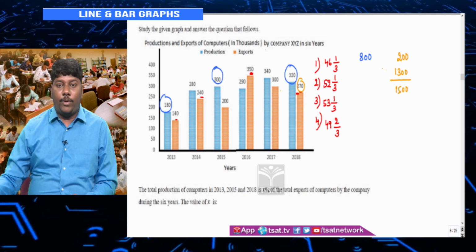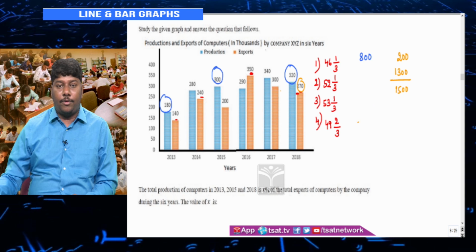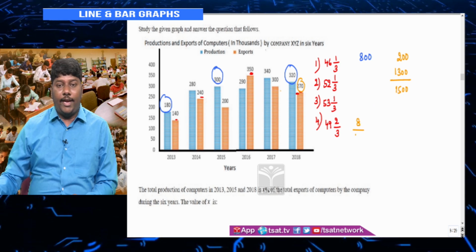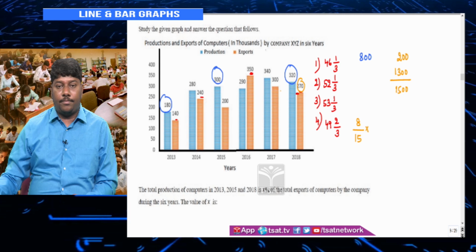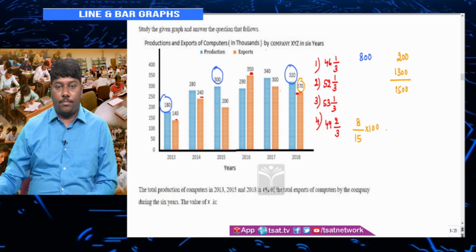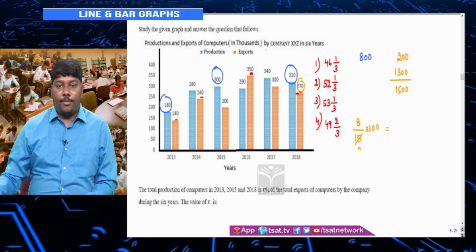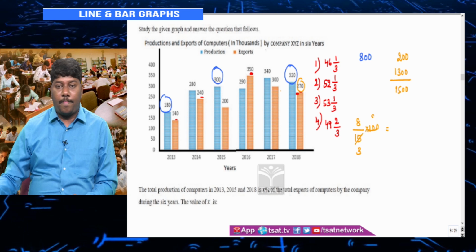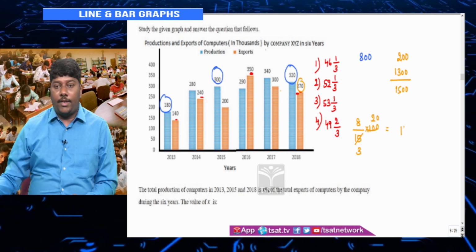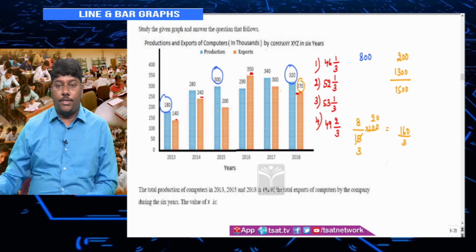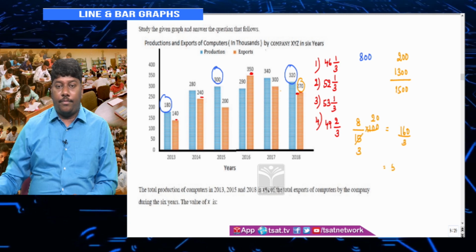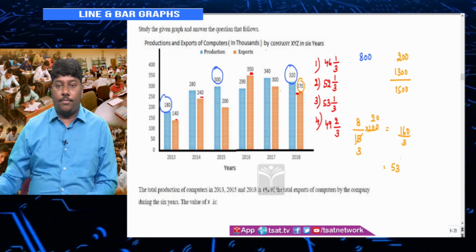Now he is simply asking you 800 is what percent of 1500, forget about zeros. He is asking you 8 is what percent of 15. Cancel it in 5 table, 3s. 160 by 3. So I would say 5, then 3s.